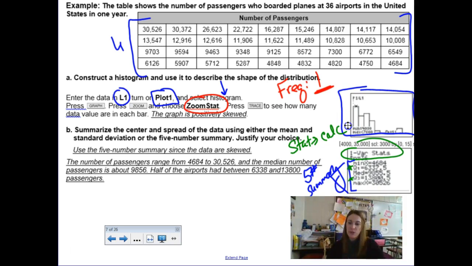Between Q1 and Q3 is where 50% of the middle data lie. So half of your data fall between roughly 6,338 and 13,800 and whatever. So that's how they basically wrote out an explanation of how spread out the data is based on the 5-number summary.